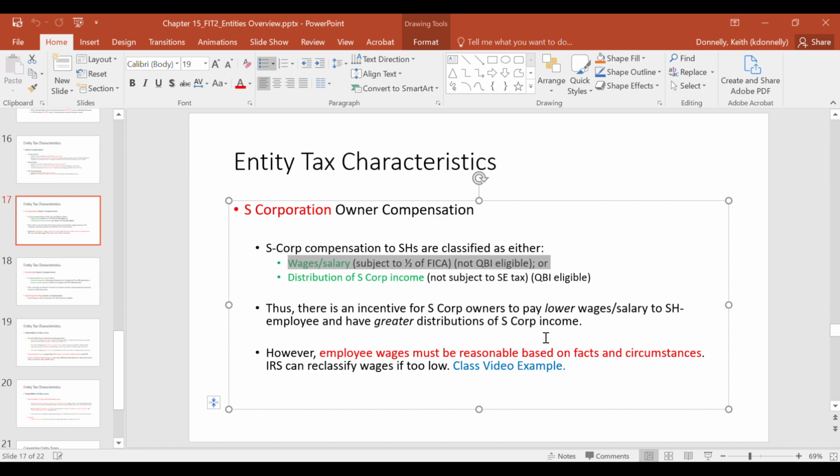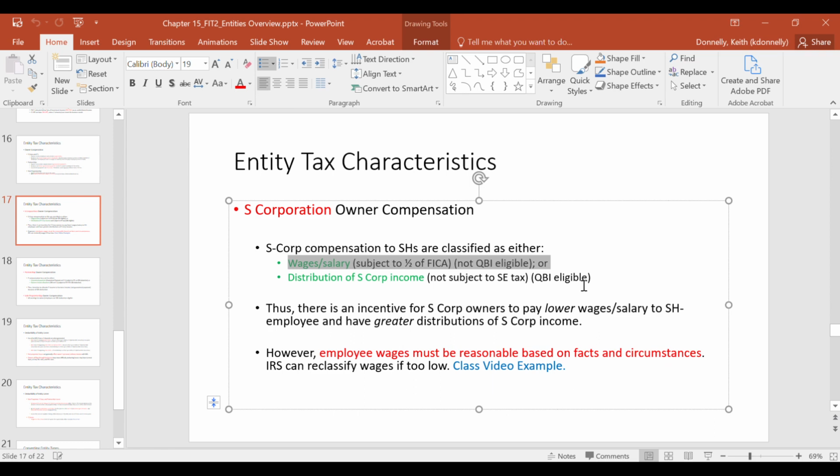But why don't we, instead of making it 75,000 of wages and 25,000 of distribution, maybe make it 40,000 of wages? We'll lower the wages and increase the distribution of the income, because that way I can save on this SE tax and get the QBI deduction as well.